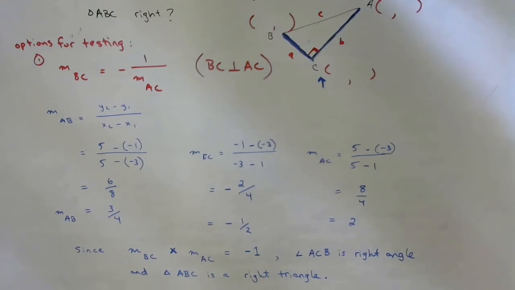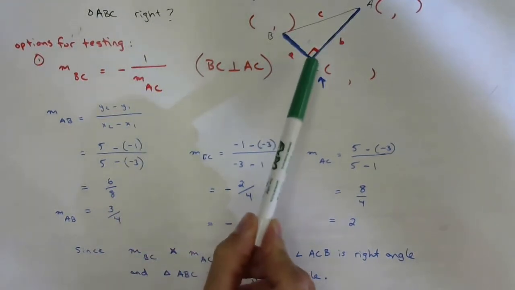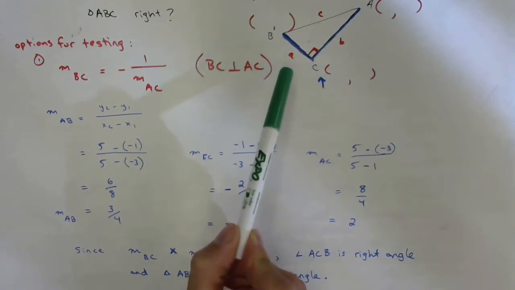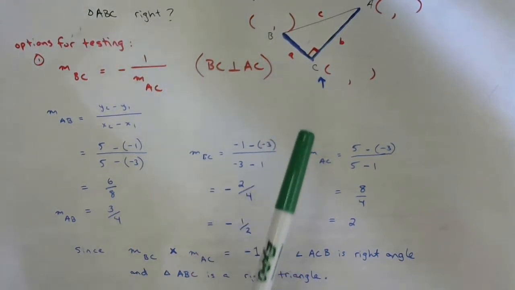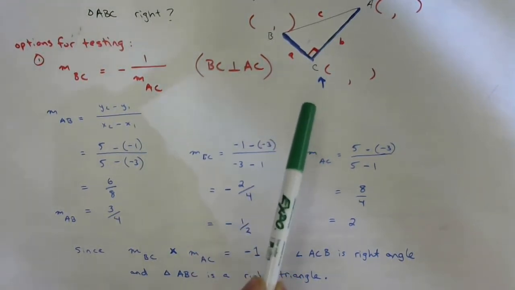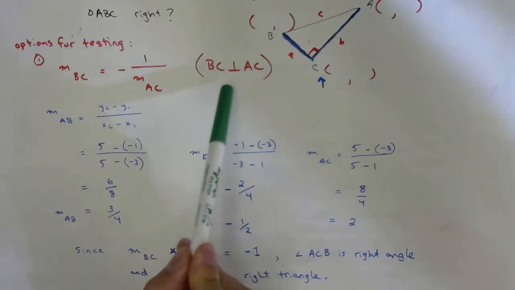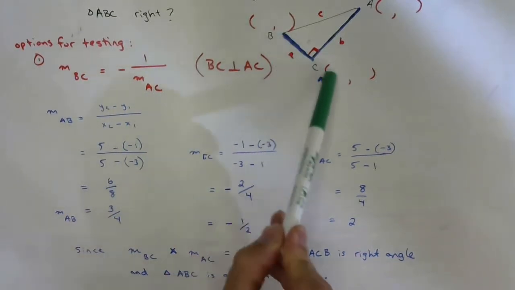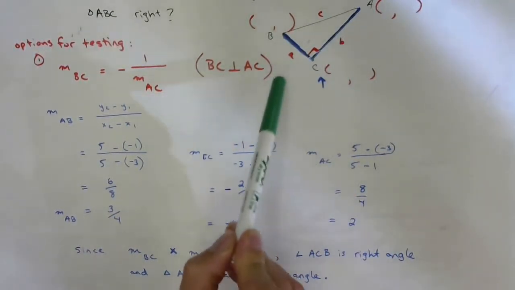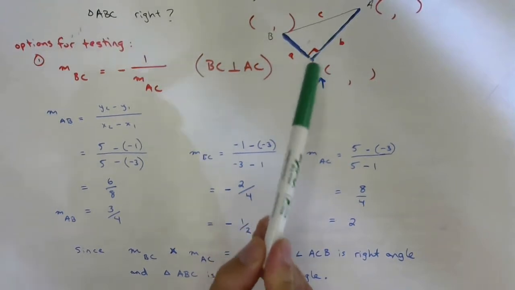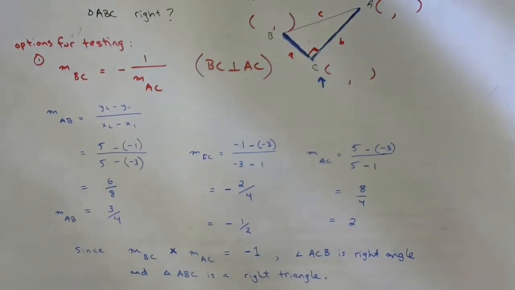Okay, quick run through. We needed to test whether or not triangle ABC is a right triangle. So we're talking about properties of triangles, and you need to think about what should I test to figure this out. You know enough about slopes and opposite reciprocals to know that perpendicular line segments will give you a right angle, and that will show that it is a right triangle.